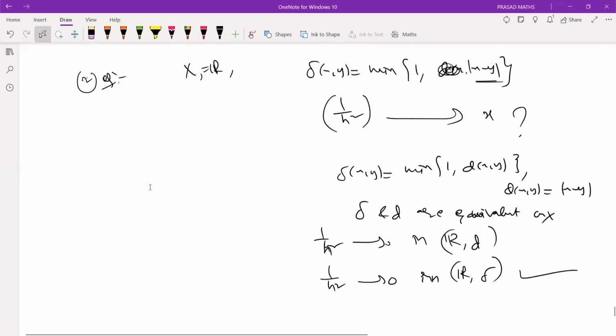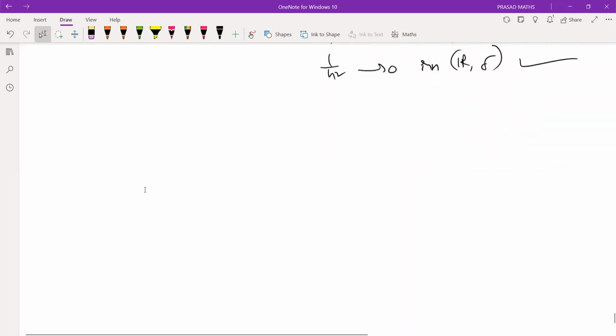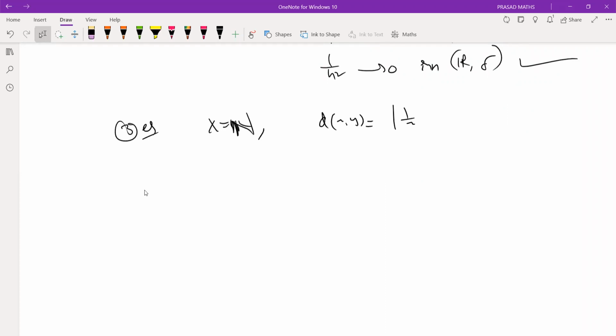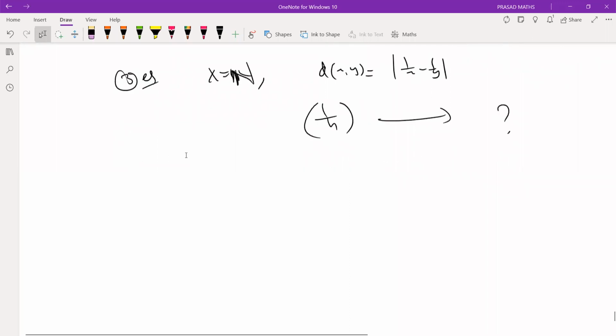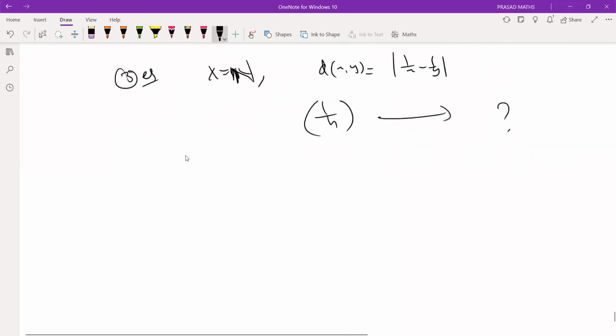Right? Suppose you take X equal to the natural numbers, and my d of x comma y is mod of 1 by x minus 1 by y. Suppose my question is: does 1 by n converge? Anybody?